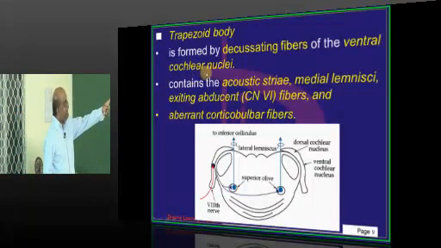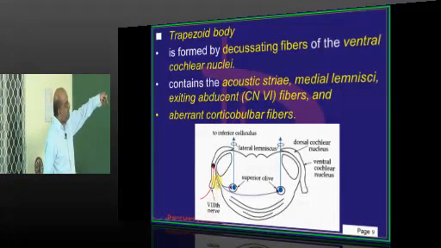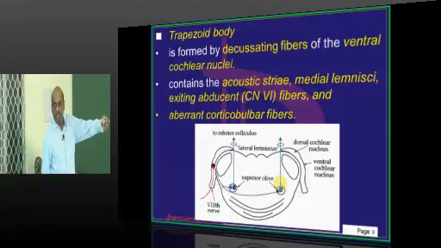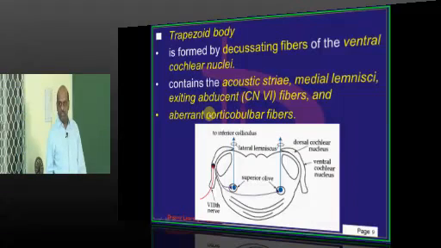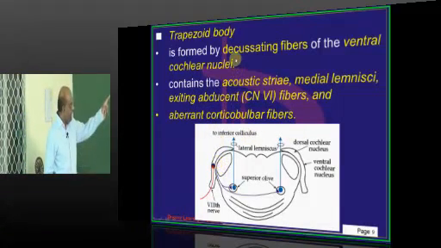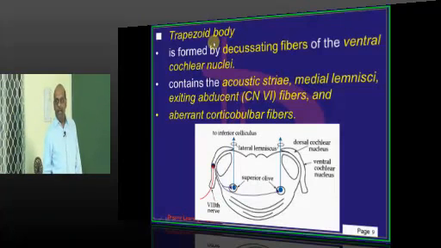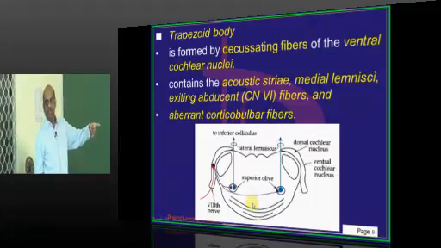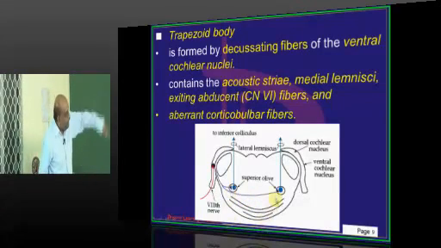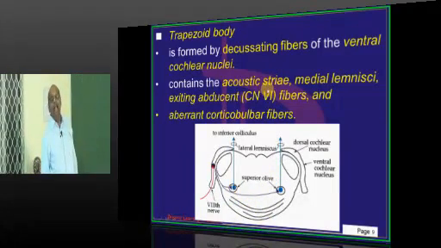So only the ventral cochlear nuclei decussating fibers will form what is called as a trapezoid body, right? And trapezoid body also contains some other fibers, but don't remember about the other fibers, that is not important, but mainly you need to remember they contain the decussating ventral cochlear nuclear fibers which are going to the opposite side to form the lateral lemniscus.